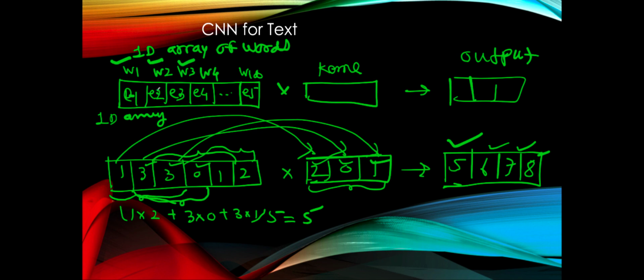Then it calculates how much words 2, 3 and 4 are correlated. It uses exactly the same convolutional neural network. It has kernels, it has pooling, it has the fully connected layer, and the process remains exactly the same. The only difference is that images use 2D convolution, whereas text at word level uses 1D convolution.